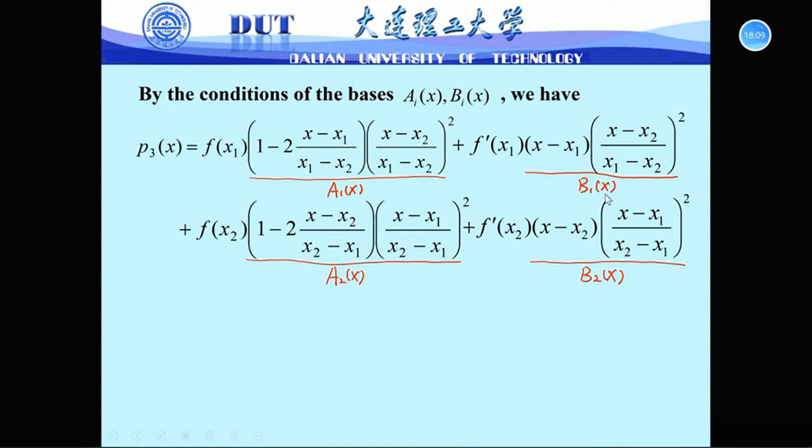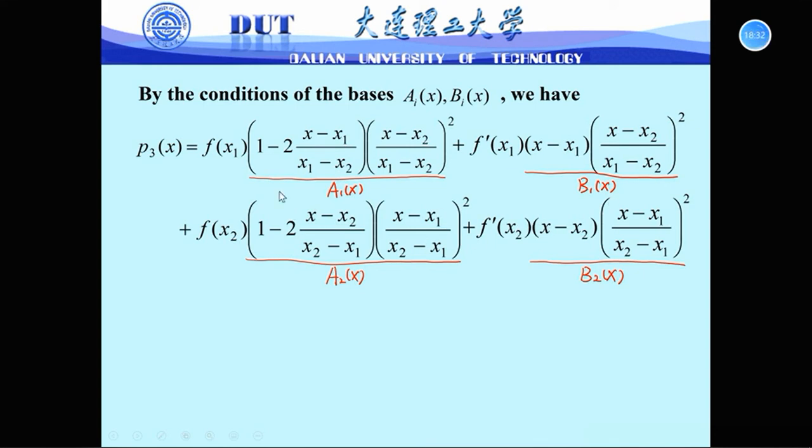And b1 is (x minus x1) multiplied by (x minus x2) divided by (x1 minus x2) squared. Then interchange x1 and x2, and you will obtain b2x from b1x.